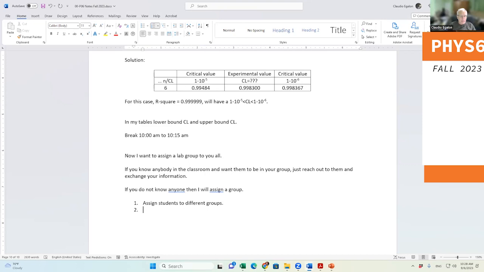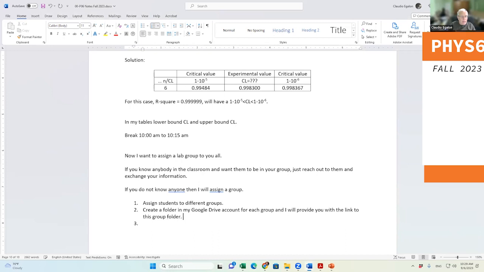Okay. Next, what I'm going to do, I'm going to create a folder in my Google Drive account for each group, and I will provide you with the link to this group folder.